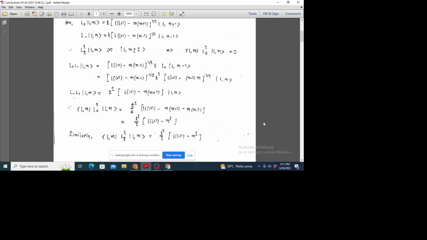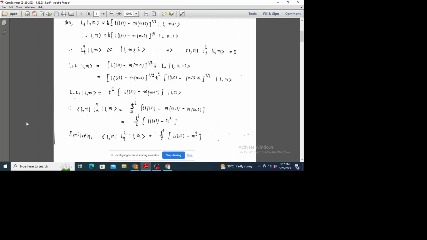So the result is, in the Lz eigenbasis, Lx square and Ly square expectation values are the same. And you know that the expectation values of Lx and Ly in an Lz basis state are 0.